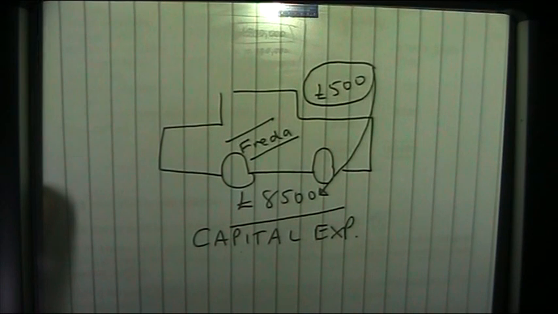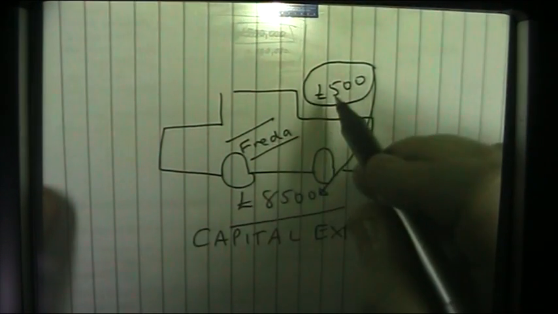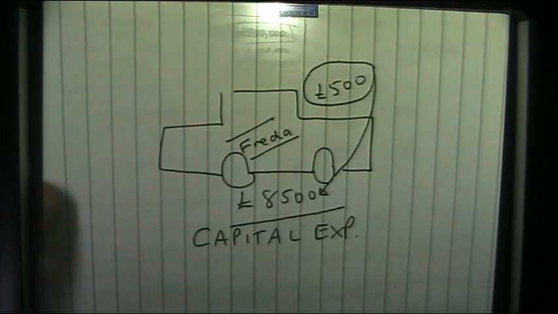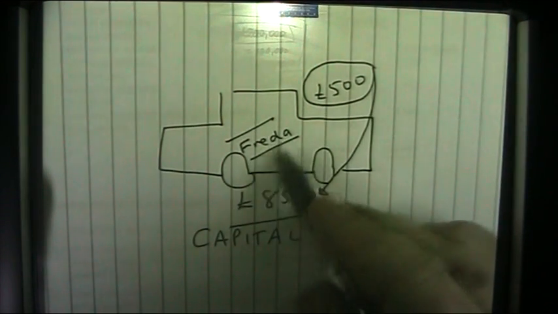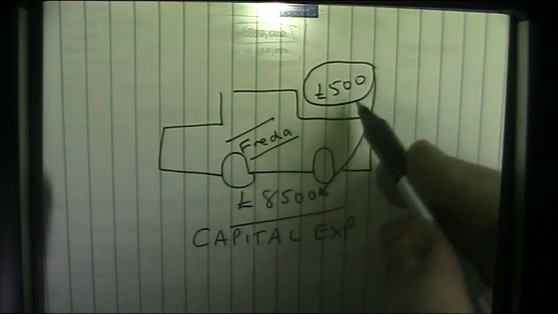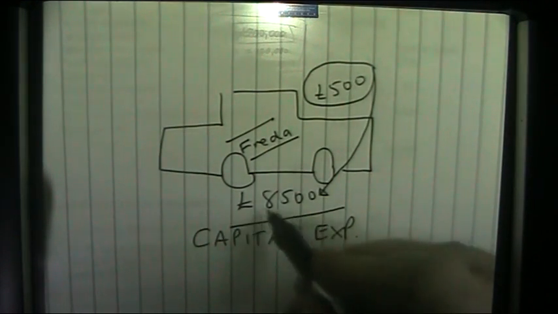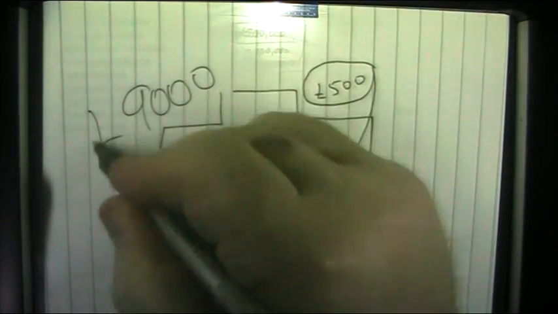It is creating an asset, and it's the first time she's done it. If she'd actually damaged the car and paid $500 to fix the windscreen, then that would be repairs, and that would be an expense. But it's the first time she's done this, it's a one-off expense most likely, so therefore it should be included. So the cost of the vehicle isn't $8,500, it's actually $9,000.